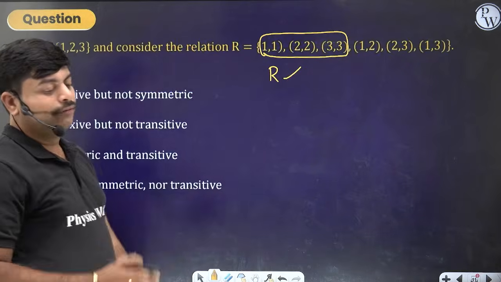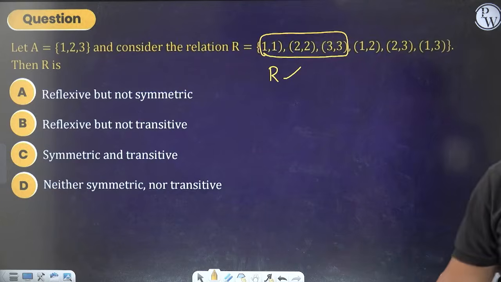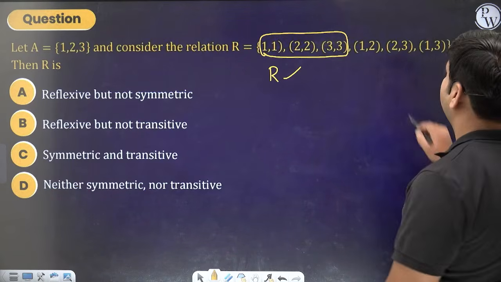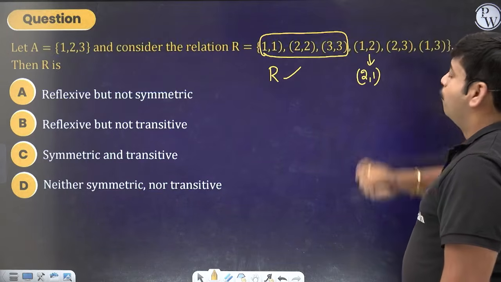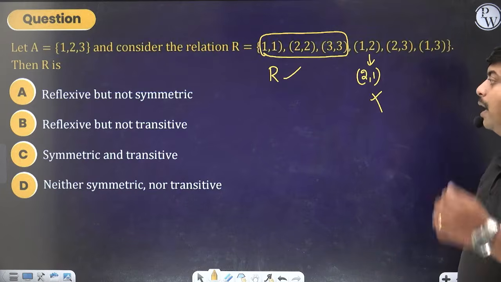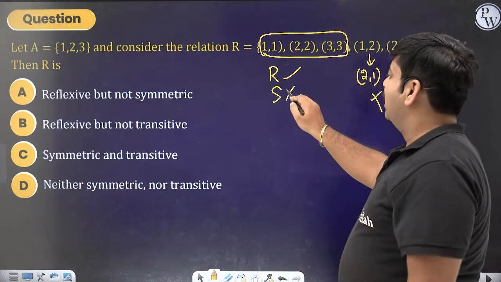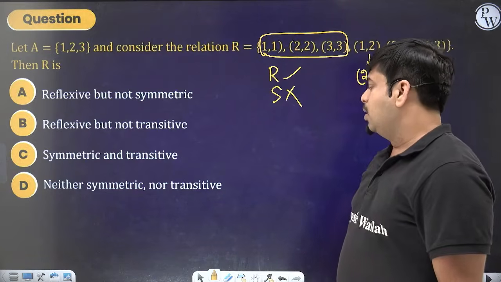Now we need to think about whether it is symmetric or not, whether it is transitive or not. For symmetric, if (1,2) is there, (2,1) should also be there. But that is not there. So it is not symmetric.